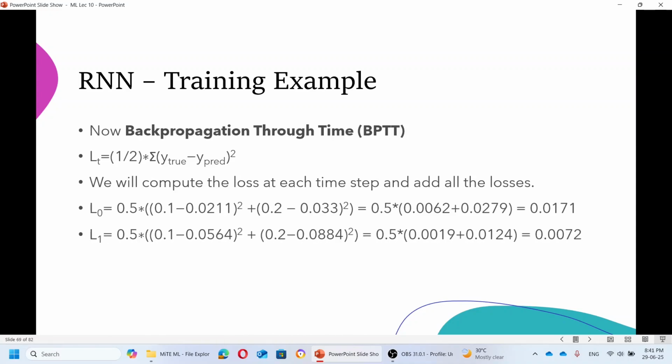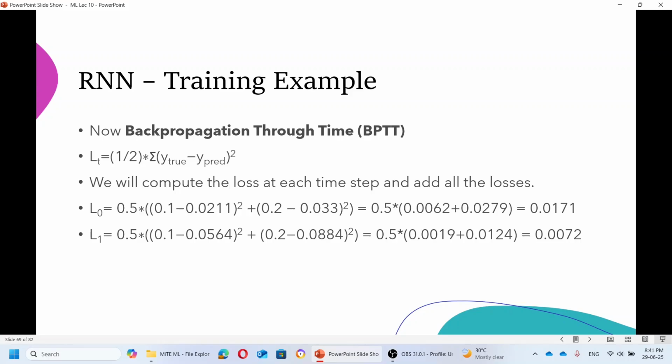Now we will do the backpropagation through time. For that, first of all, we have to compute the loss, which is L_t is equal to half into sigma of (y true minus y prediction) squared. So we will compute the loss at each time step. As you can see, we have computed the output at each time step.